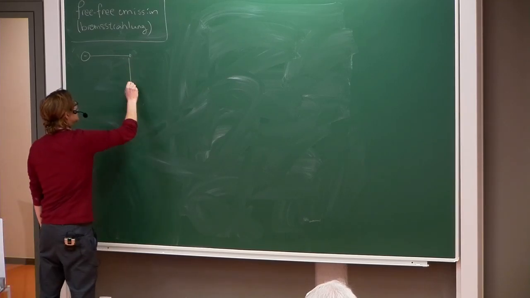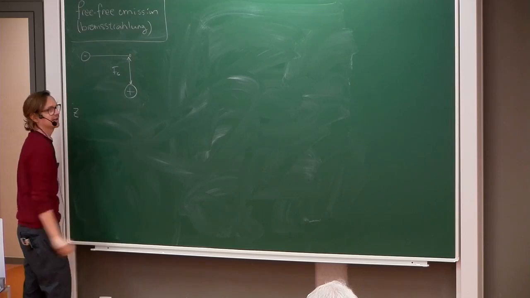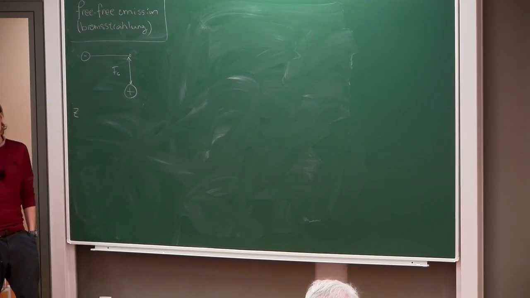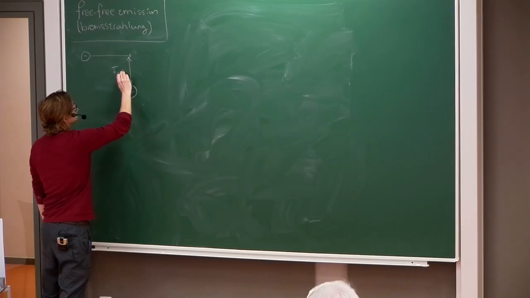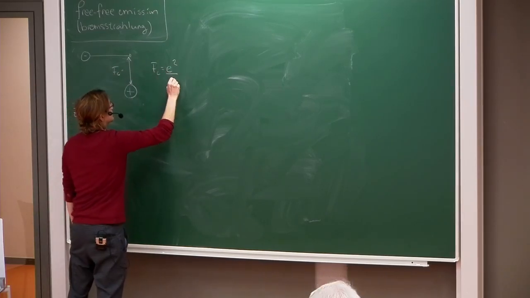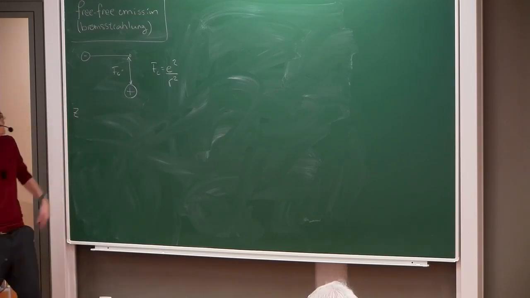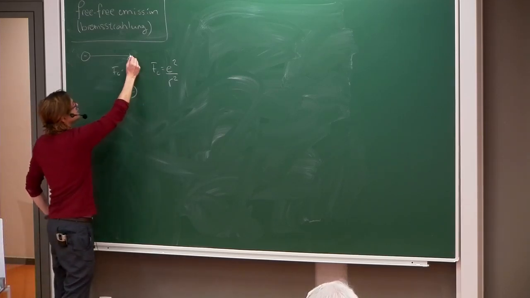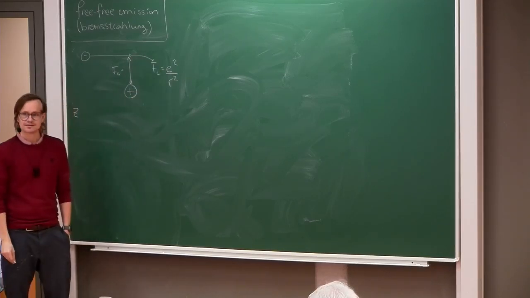So there will be an attraction set by the Coulomb force. Again, we assume non-relativistic, so this Coulomb force is just e squared divided by r squared. And what will happen then? Well, this electron will, of course, deviate a little bit from its path, like this.